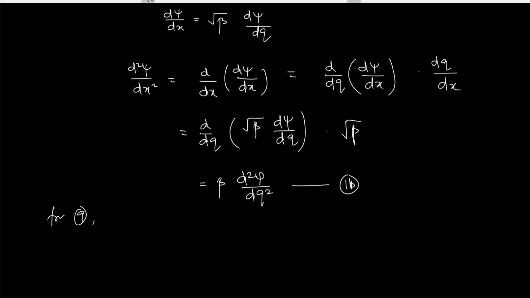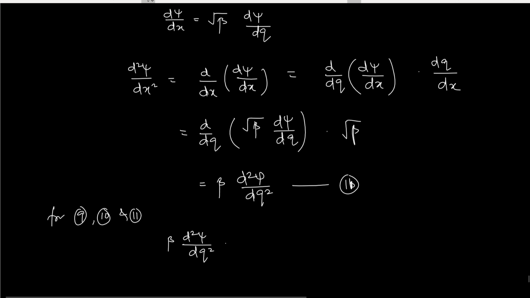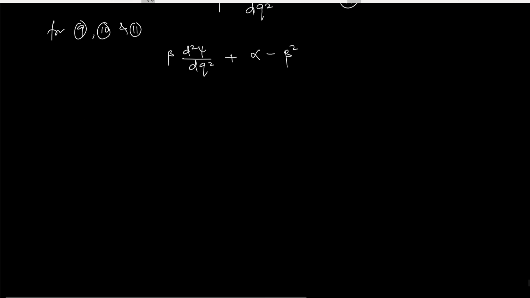From 9, 10 and 11, we will be having beta d2 psi by dq2 plus alpha minus beta square x square psi equal to 0. X square is q square by beta.